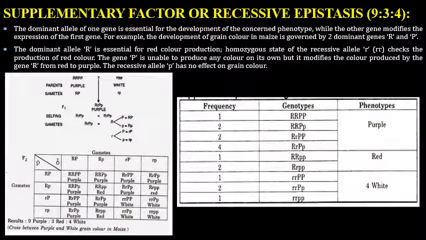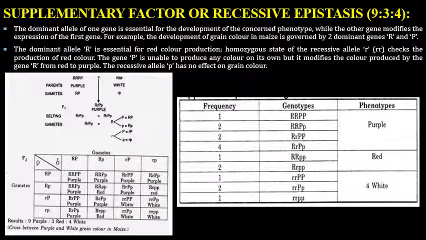Now the last subtype in the non-allelic gene interaction is supplementary factor or recessive epistasis, having the ratio 9:3:4. So let us see what supplementary gene interaction is.